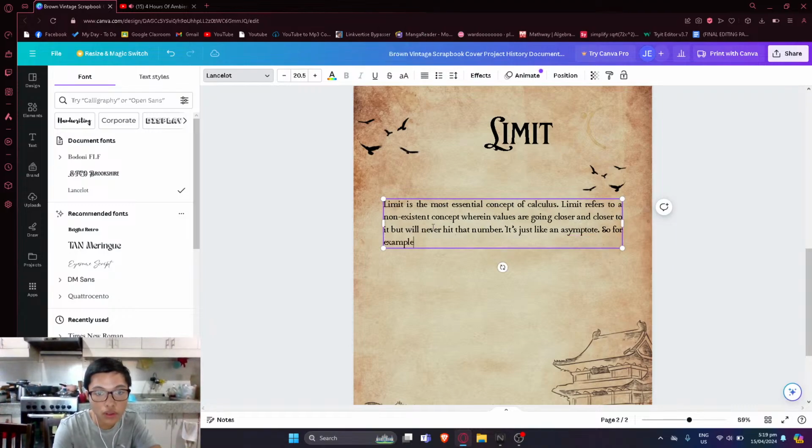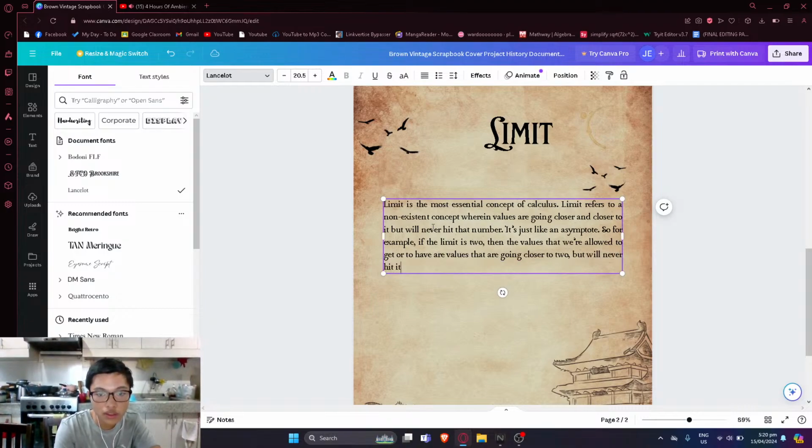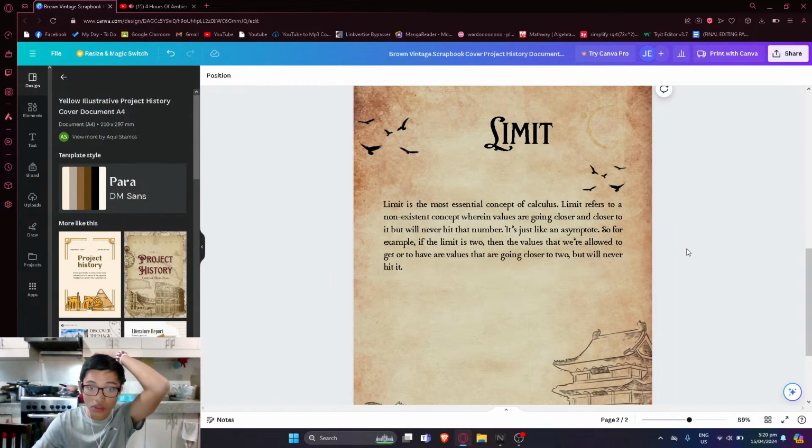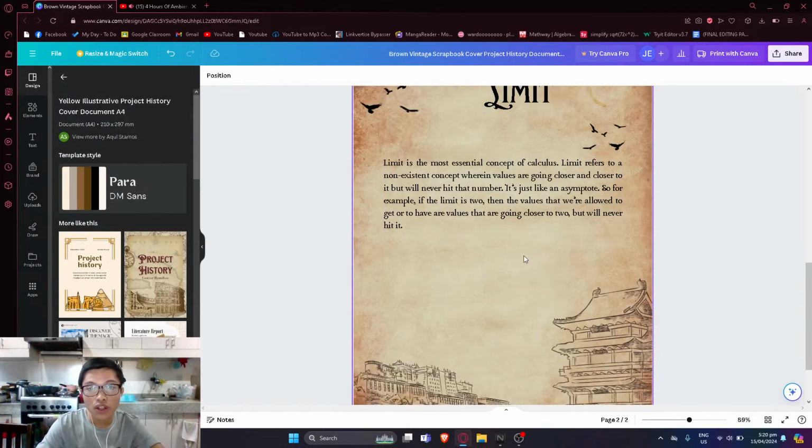So for example, if the limit is 2, then the values that we're allowed to get or to have are values that are going closer to 2 but will never hit it.